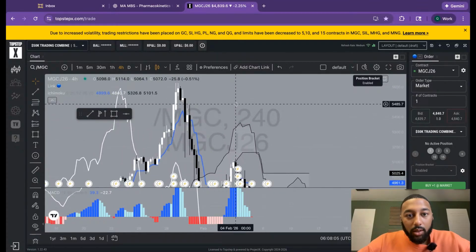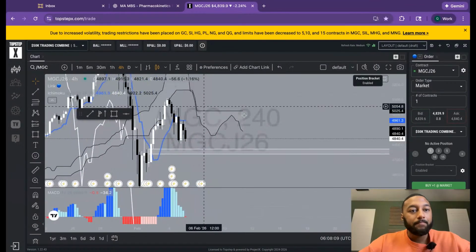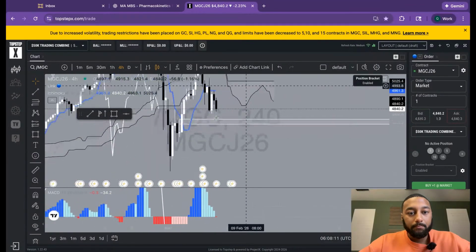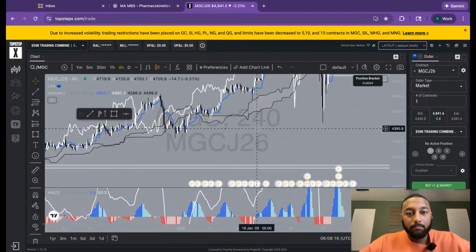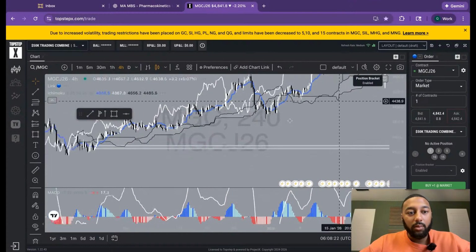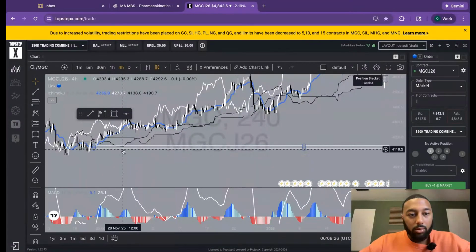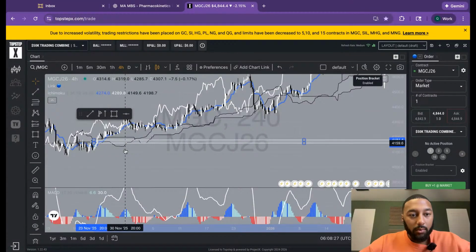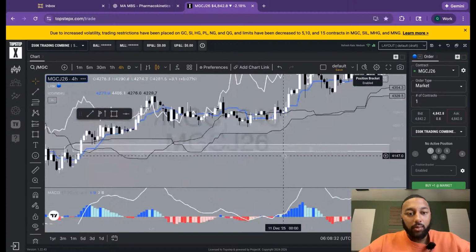Little something up there, little something up there, but again, we're far away from there. Got a liquidity line down here. Okay, I feel like that would be worth marking up. Now let's zoom in on that for us.